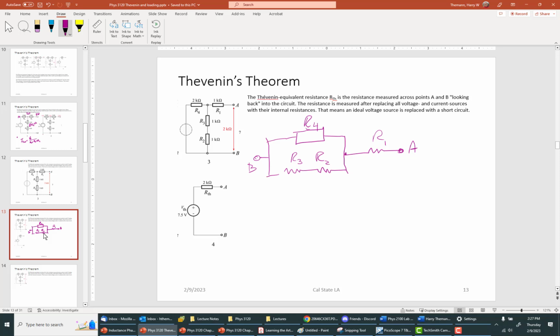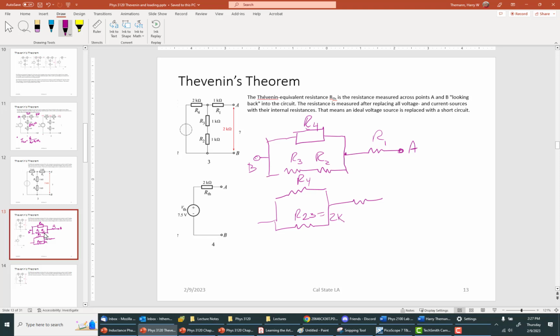So remember, whenever we have a network, we drill down, and in this case, we want to convert this to R4, and combining R2 and R3, that's going to be equal to 2K because they're in series.